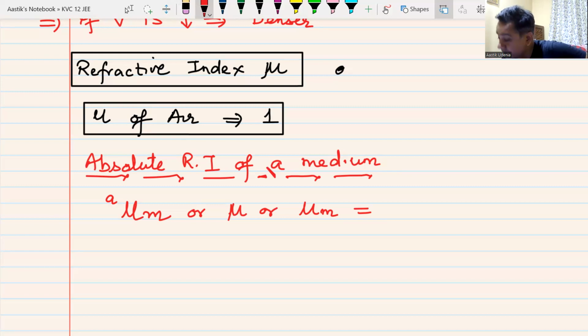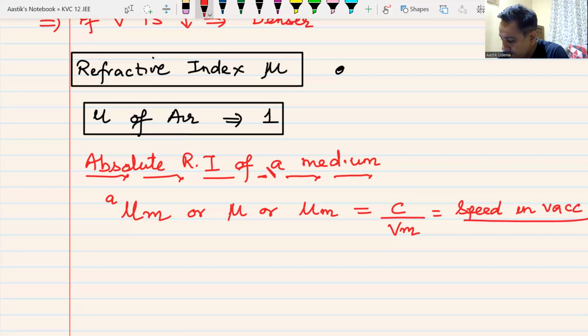Speed of light in air by speed of light in the medium. Yes, now you are talking. It is C by V, or C by Vm, where V or Vm stands for the speed of light in the medium, and C stands for the speed of light in vacuum. Speed of light in vacuum divided by speed of light in the medium.